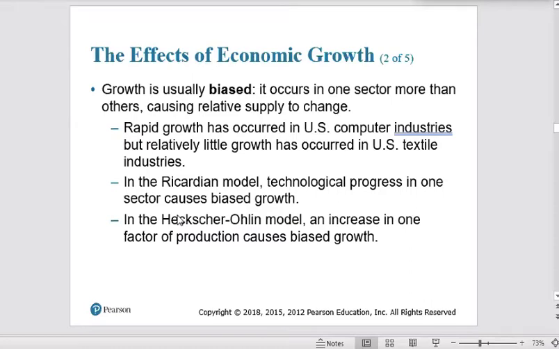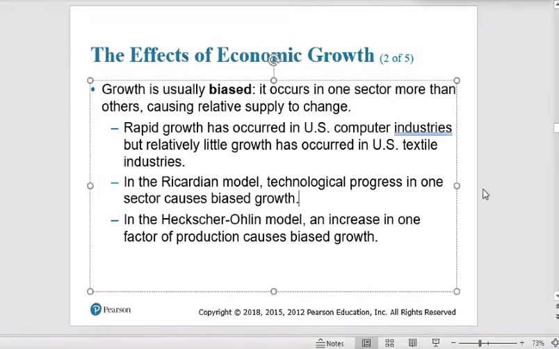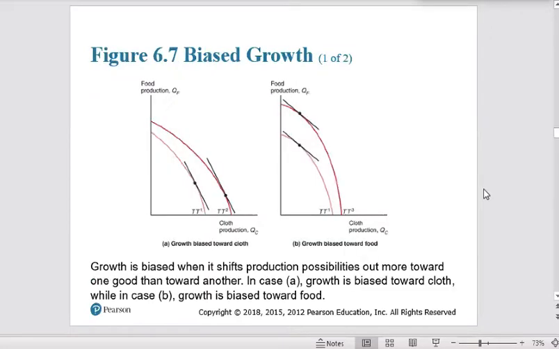Now, let's move on to the next. So here is how we show it graphically. We have two sectors: one is food production, the other is clothes production, on two different axes, the y-axis and the x-axis.